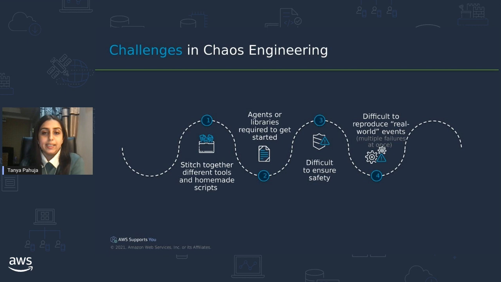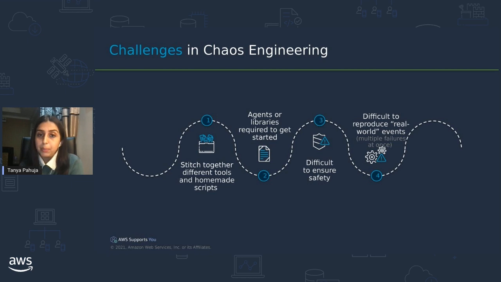Now, in this slide, what are the challenges that we have observed in chaos engineering? There are many open source tools for chaos engineering, and at times we might have to face the challenge where we need to stitch together different tools. However, the processes for these tools may be complicated, and the support options may be very limited.